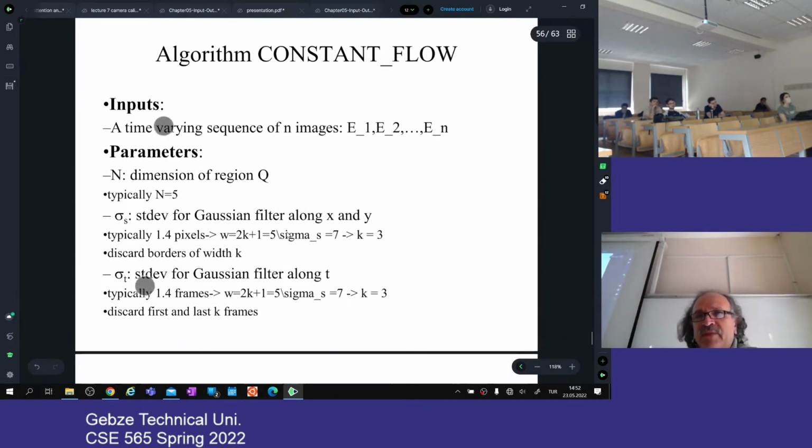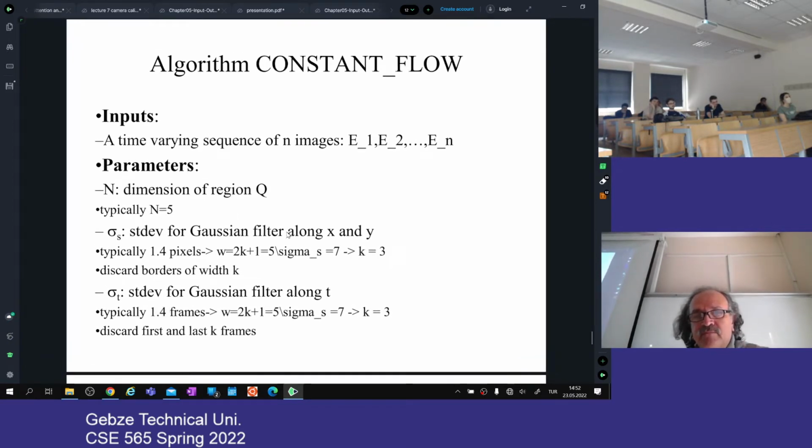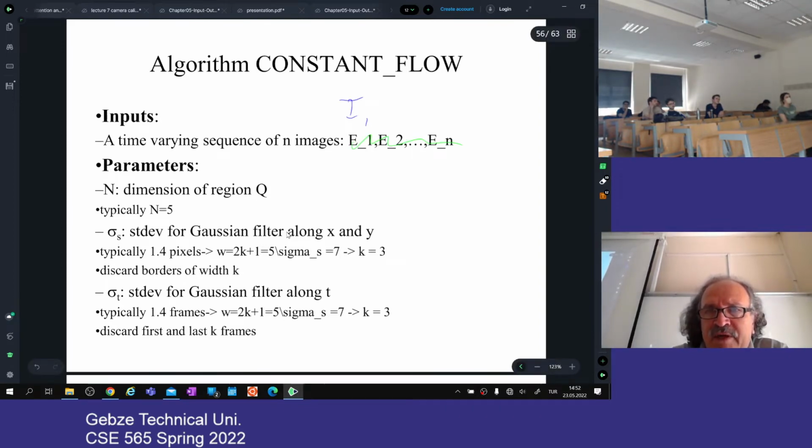So I think we stopped at this point last time. Let's continue from this point. Let me give you the whole algorithm. They give you n image frames from E1 to En. Maybe I shouldn't call these E's, but I should call these I1 to In, because the E is the whole thing.